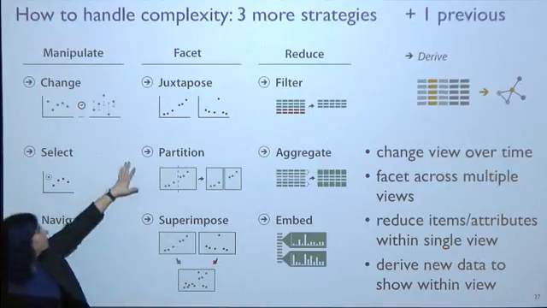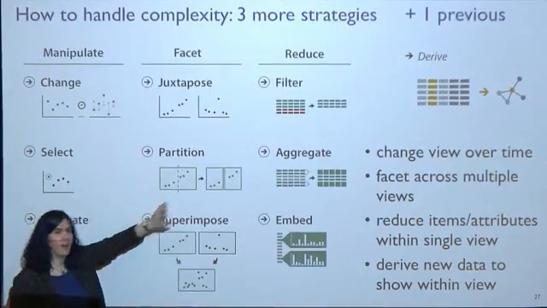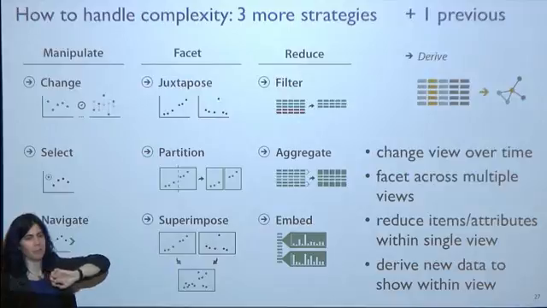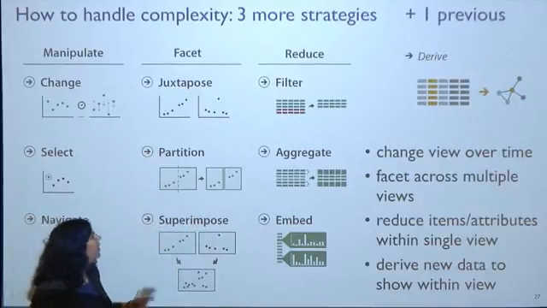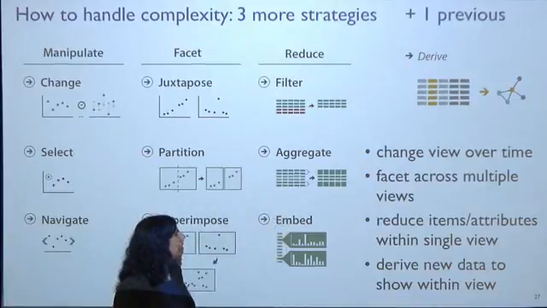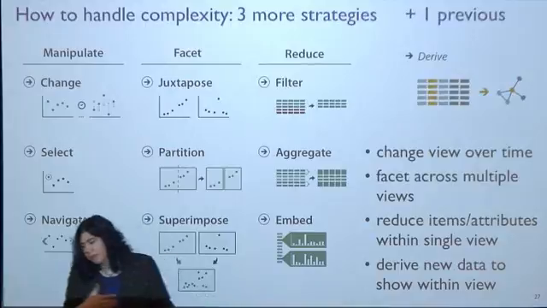Now, there's another set of choices that has to do with saying, I could have more than one view at the same time. So a lot of design choices about faceting your data across multiple views. And then finally, a suite of choices of saying, well, within a single view, how do I reduce the complexity? I might filter stuff out, I might aggregate it, I might do complex combinations of that. So these 3 design choices, plus that 4th one of derive, are the ones I'm going to focus on a bit today, with just a few examples.